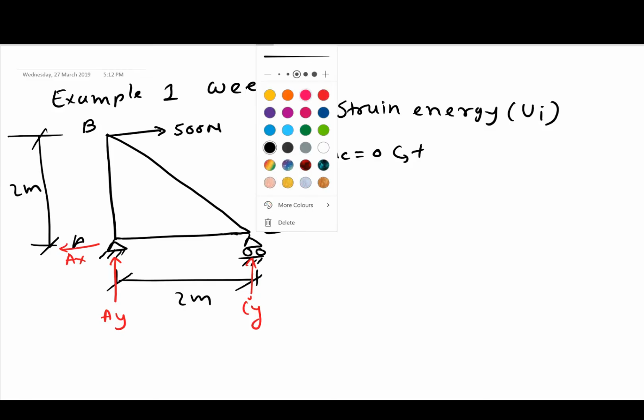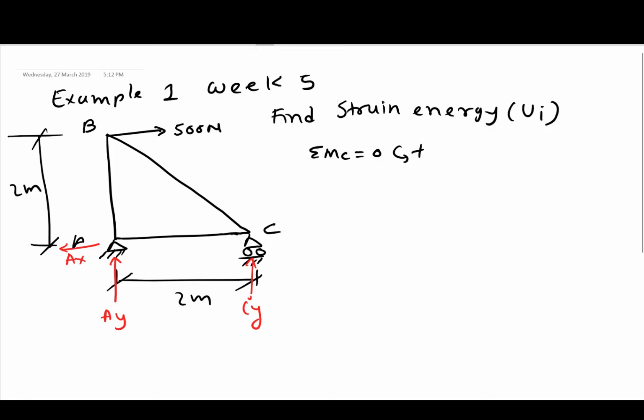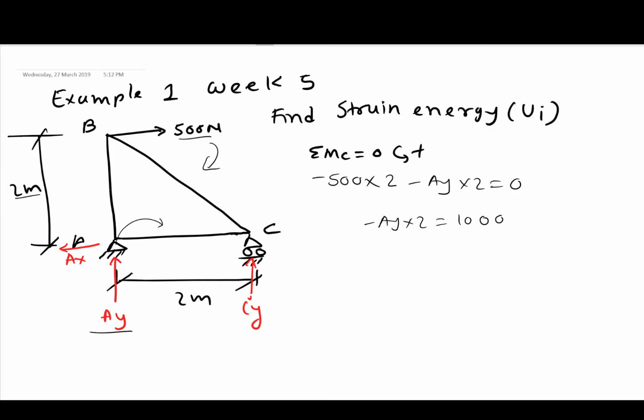The 500 creates an anticlockwise moment, perpendicular distance is 2, and minus AY, this force creates the clockwise moment, so AY times 2, therefore minus. So minus AY times 2 equals 1000 Newton, and then AY equals minus 500 Newton.